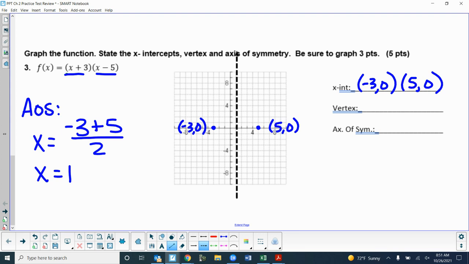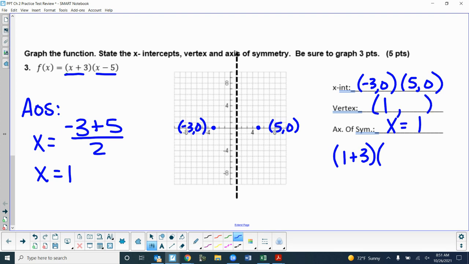So we have to find the vertex. I know what my axis of symmetry is. We just did that. So I'm going to write that in. And then we just substitute like we did the other one. Okay? Put 1 in for the x. So 1 plus 3. So my vertex is 1 something. And then 1 minus 5. 1 plus 3 is positive 4.